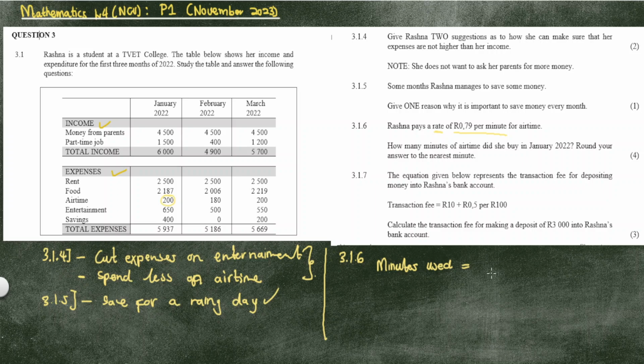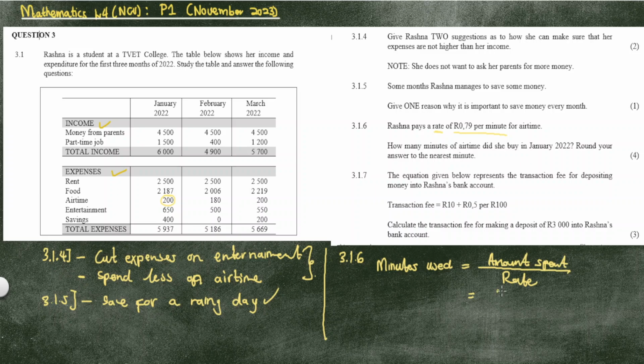So, what is the rate? So the minutes used are going to be calculated as the amount spent divided by the rate, the number of minutes used.